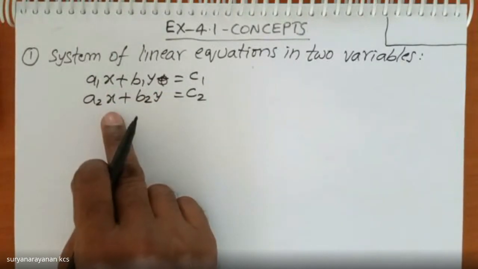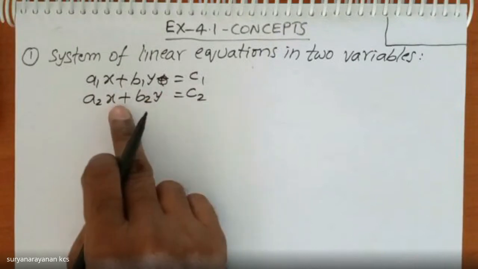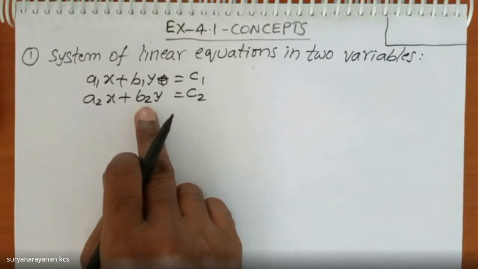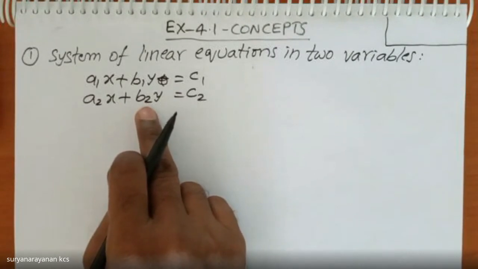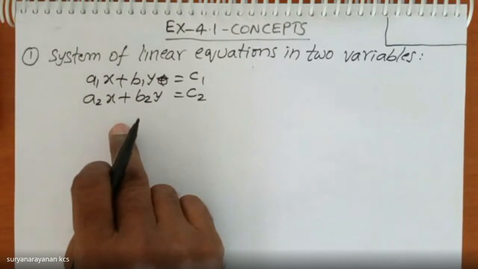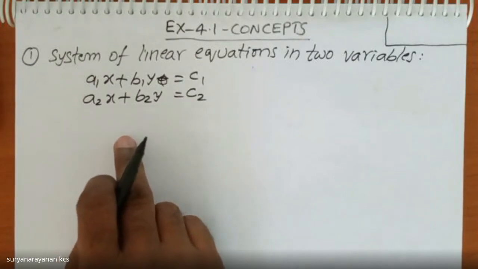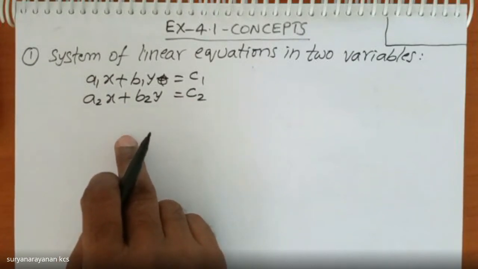You have already learned how to solve a system of linear equations in two variables by different methods. In 10th class, you have solved the system of linear equations in two variables. Do you remember those methods, my dear children? Graphical method, algebraic method. Yes or no?